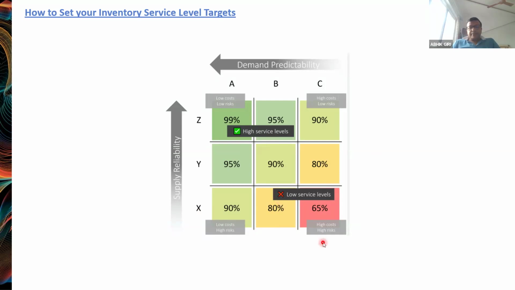For high risk, high cost items, you might need to go for low service levels, because you do not want to keep too much inventory. While for low cost, low risk items, you might want to go for very high service levels, for example, 99%. And for high cost, low risk, or low cost, high risk profiles, you might need to go for an intermediate service level, that is around 90%.